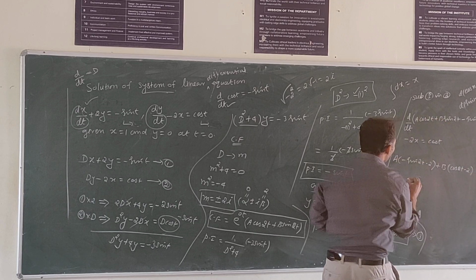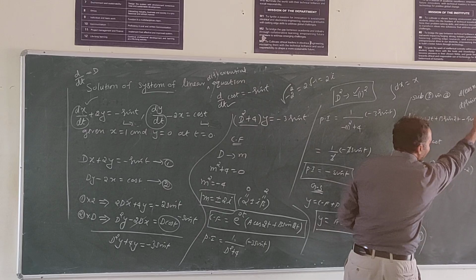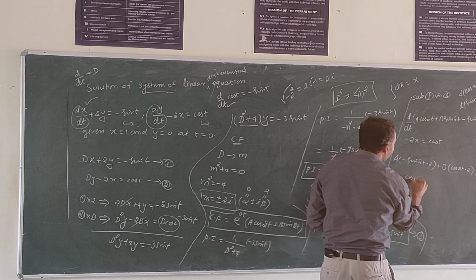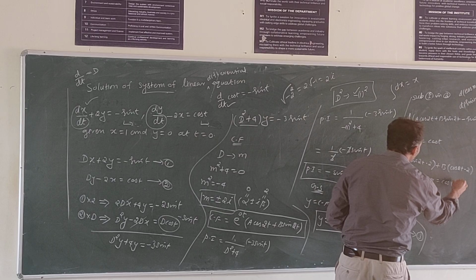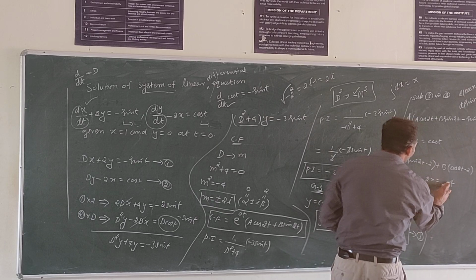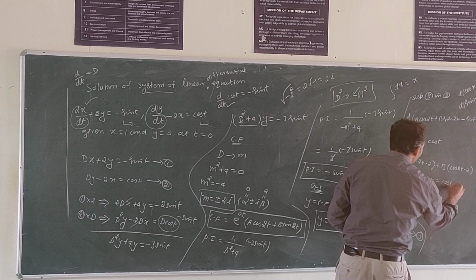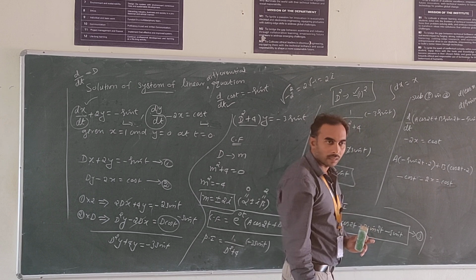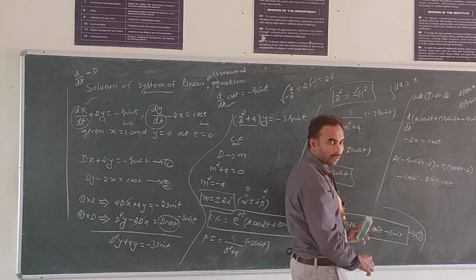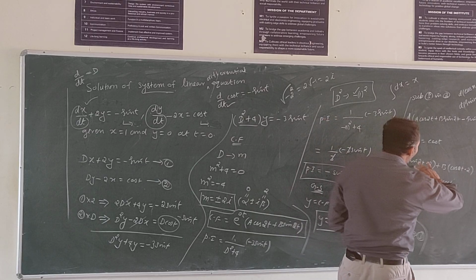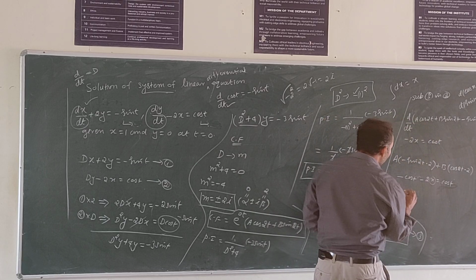Minus, what is the differentiation of sin t? Cos t. So cos t minus 2x equals cos t. These two cos t terms have the same sign, not different signs, so they should not cancel. We need the x value, so bring all other terms to the right side.